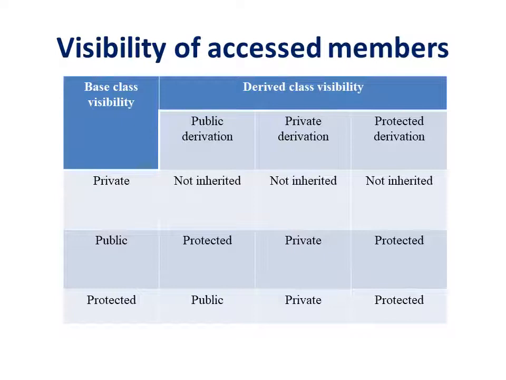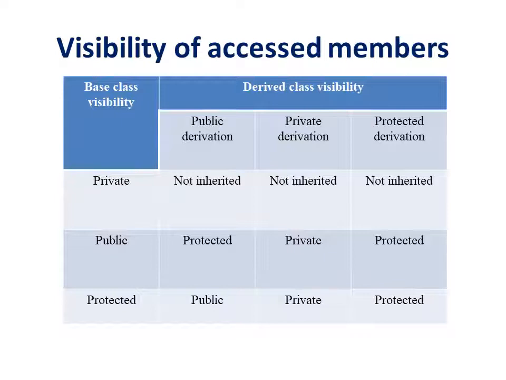How the data members will be visible in the derived class can be depicted with the help of this table. If the base class visibility is private, then in the derived class none of the members will be inherited; in every case it is not inherited.